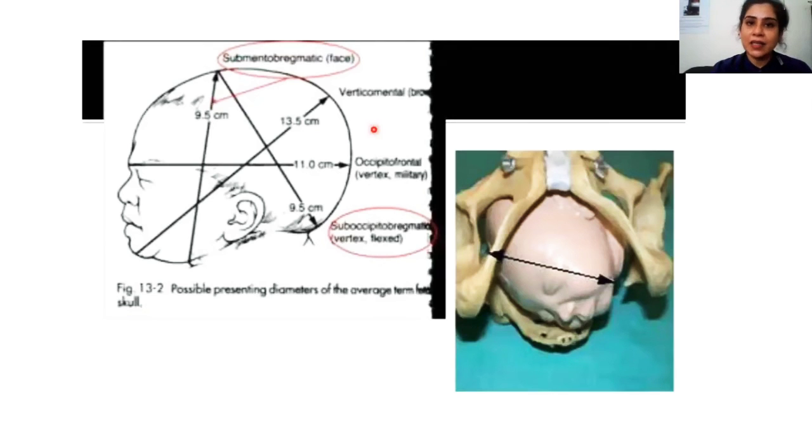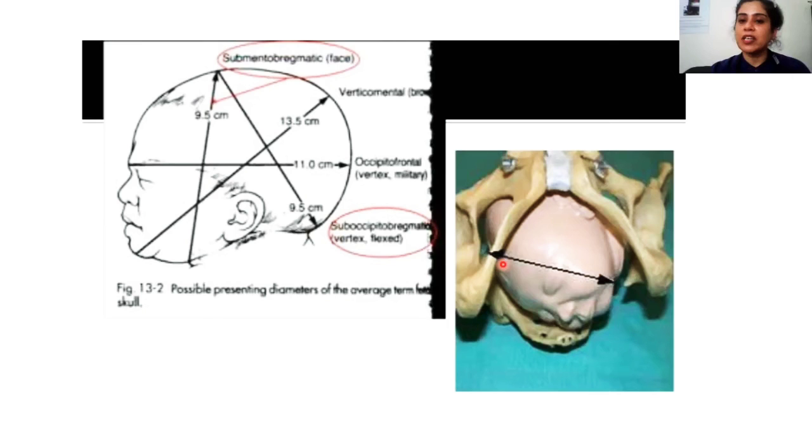So this is again the revision of the same diameter which I have just told. So we can see how the baby comes out in face presentation. So this is the baby. The attitude at the neck is that of complete extension. So the engaging diameter is submento-bregmatic. This is the bregma.